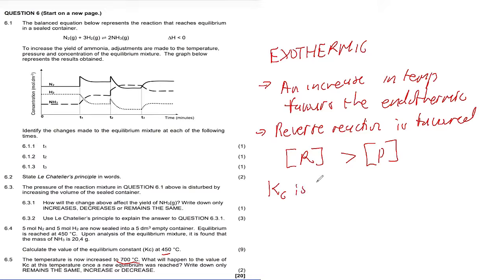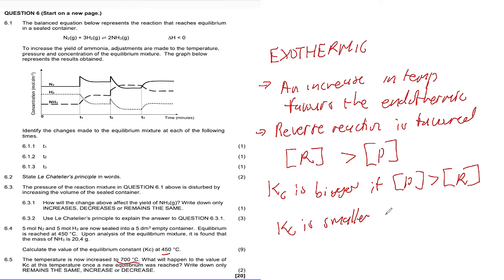Now, Kc is bigger if concentration of products becomes greater than concentration of reactants. But Kc is smaller if the concentration of the product will be less than the concentration of the reactant, meaning the reactants are now the ones that are greater than the product.